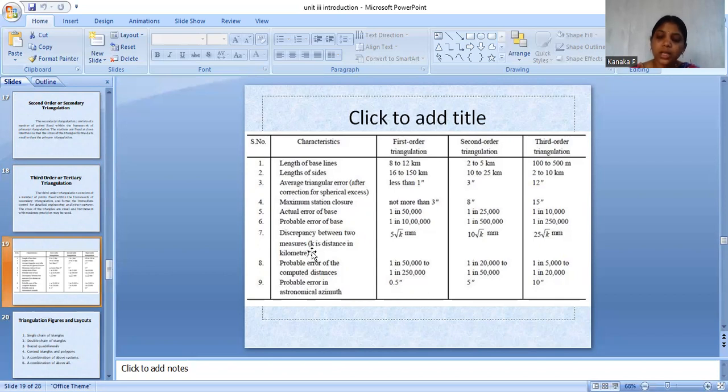Third one is decision of formation of the triangulation. Next one is erection of signals and towers. Fifth one is measurement of baseline. Next one is measurement of horizontal angles of triangulation. Seventh one is computation of the various sides and angles. So these are the steps followed in the triangulation survey.